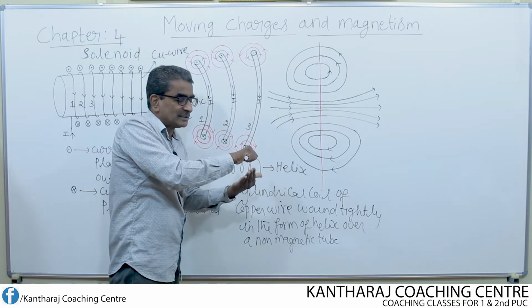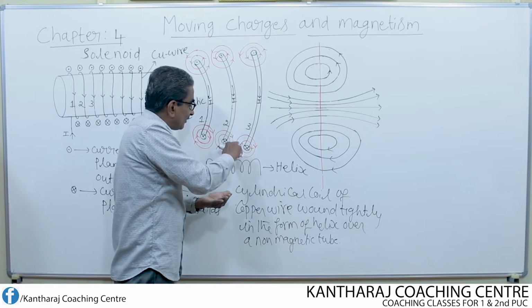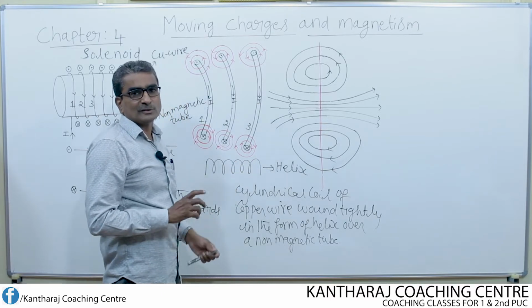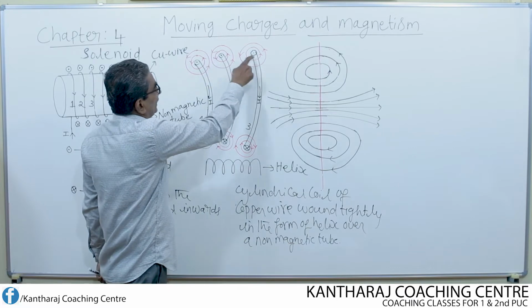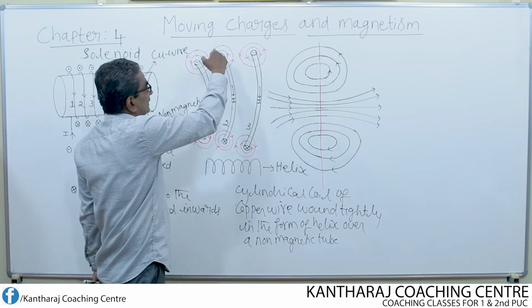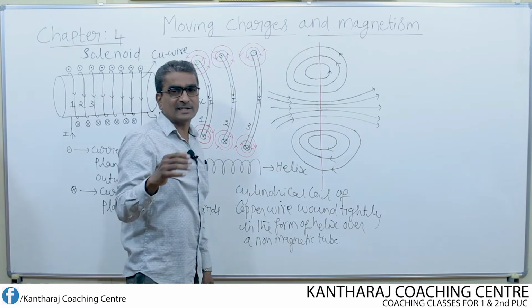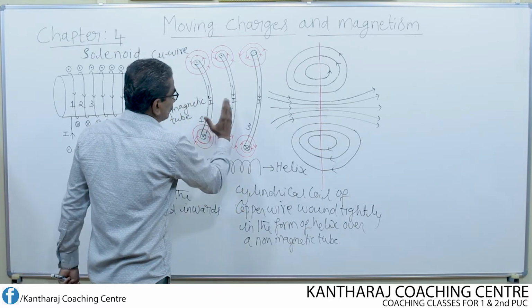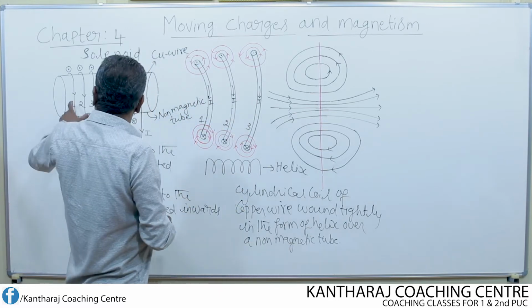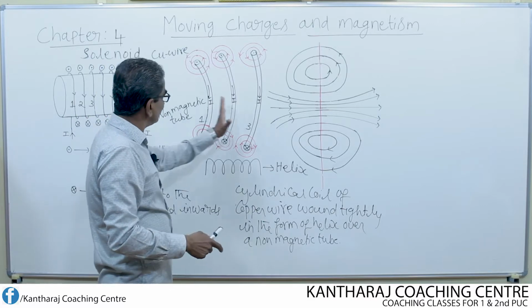Here also the fingers are curling in which direction? In the clockwise direction. So all around each conductor, the magnetic field lines will be in the form of concentric circles. This I have shown separately with respect to turns 1, 2 and 3.